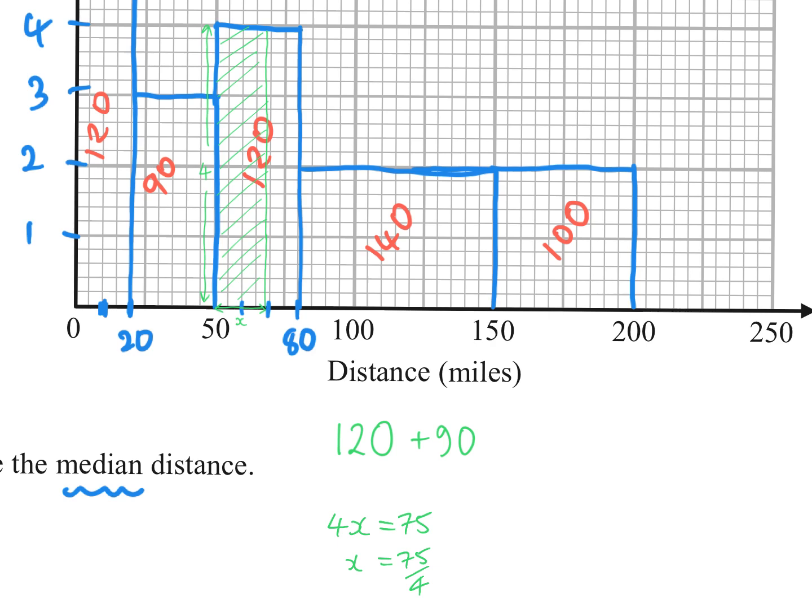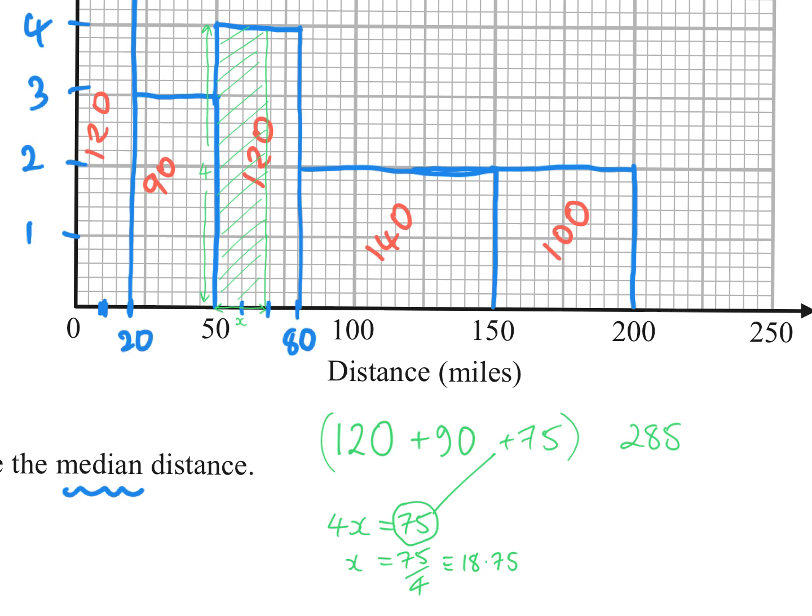75 divided by 4, that's 18.75. Now, what that means is that 4 times x, i.e. the area of that bar, gives us the 75 that we need to get half of our area, which is 285, and therefore pinpoint what the median is going to be. So can you see what the next part's going to be?